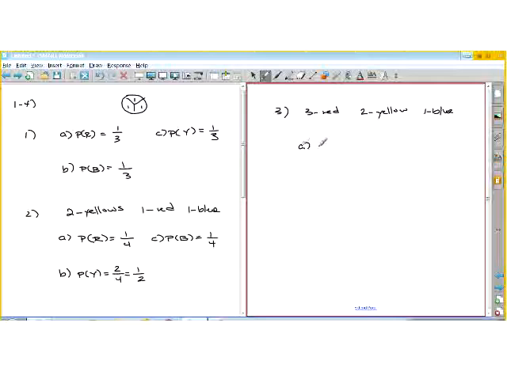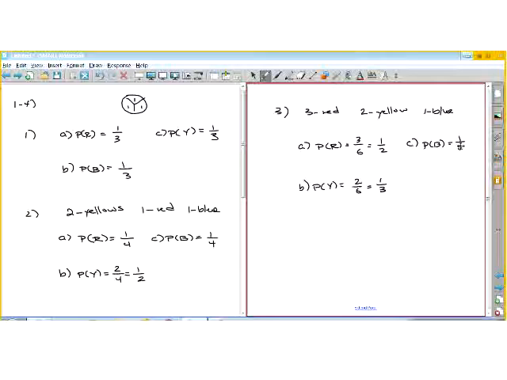So the probability of it being red is the number of red pie slices divided by the total number. We can simplify that down to a half in its simplest form. So the probability of getting red is 1/2. Probability of getting yellow is going to be 2/6 because there are 2 yellows out of 6. So that simplifies down to 1/3. And the final one, the probability of being blue, is 1/6, and that's in its simplest form.